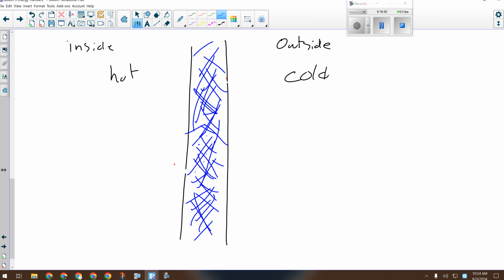Now, it's not doing anything for radiation. Can energy still get through your wall by radiation? It absolutely can. But there are things you can do to help it. What color would be best to paint your walls? If I want to keep the radiation in.